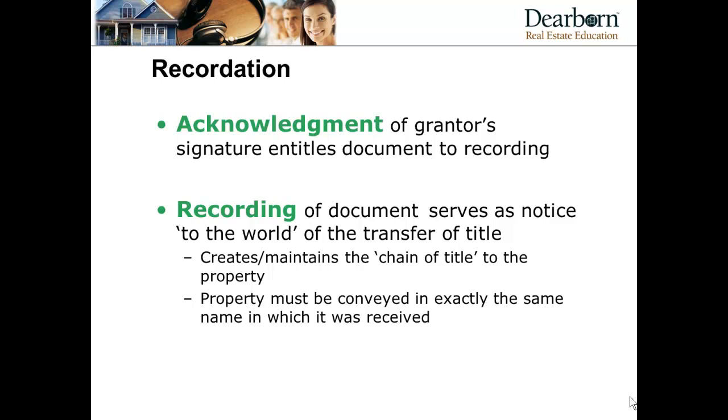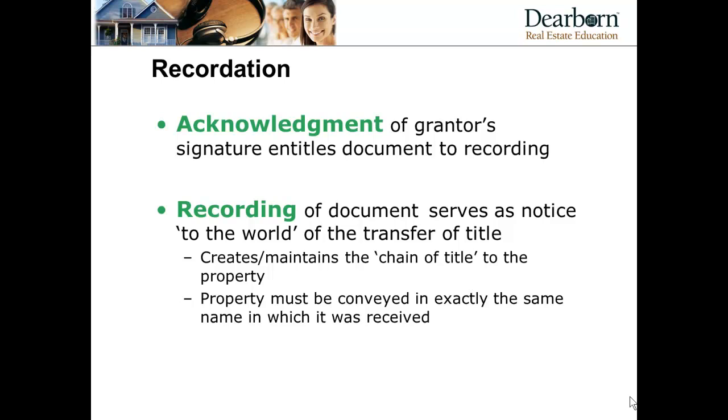So each time the property is sold, it needs to be insured. Typically the title insurance companies do this and say that yes, the person granting it or transferring it does have the rights to it, that there's no one else that's recorded another document that asserts that they have the rights to the property.